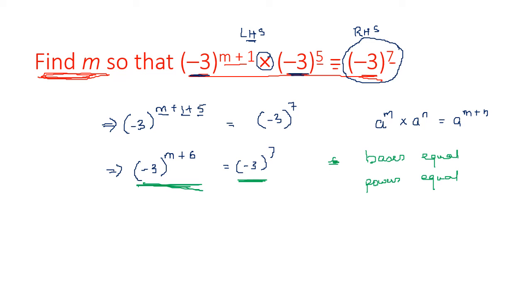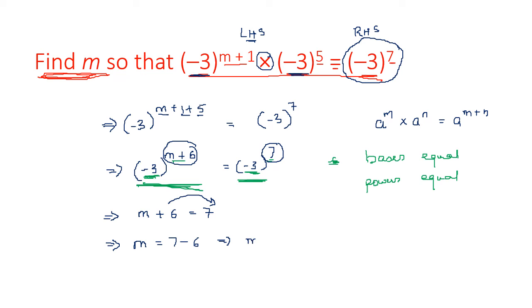Check. Is the base equal? Yes, the base is equal. It means the powers also have to be equal. So what will we do now? Since we know the bases are equal, we will say the powers are also equal. So m plus 6 equals 7. This power and this power have to be equal because the bases are equal. So m equals 7 minus 6, as the plus 6 goes to the other side and becomes minus 6.